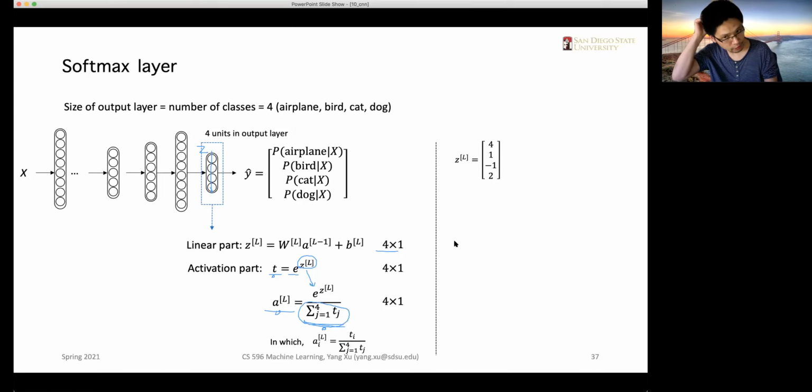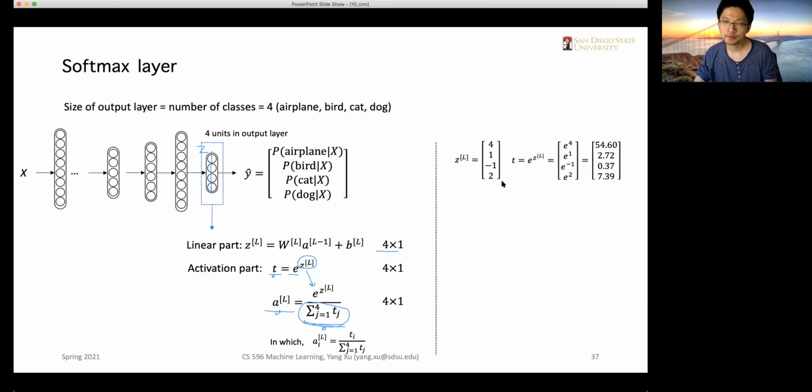If we use a concrete number as an example, say we have ZL at the beginning with such values, and we compute T by raising e to the power of ZL, that will give us such values for the T's. We can see very extreme values because e to the power of 4 would be a very huge value. But this is not a probability yet because they don't sum up to 1. They are not within the range of 0 and 1.